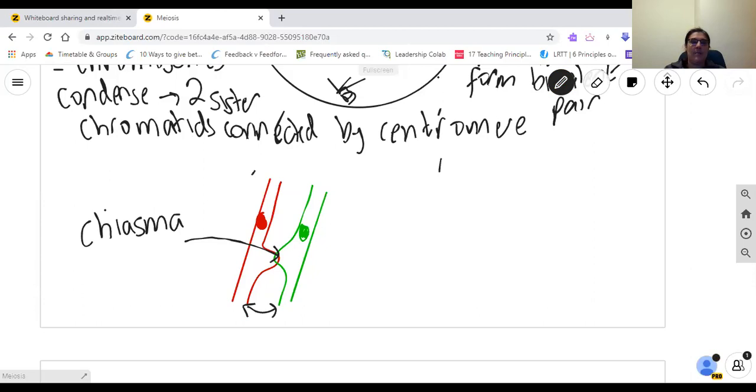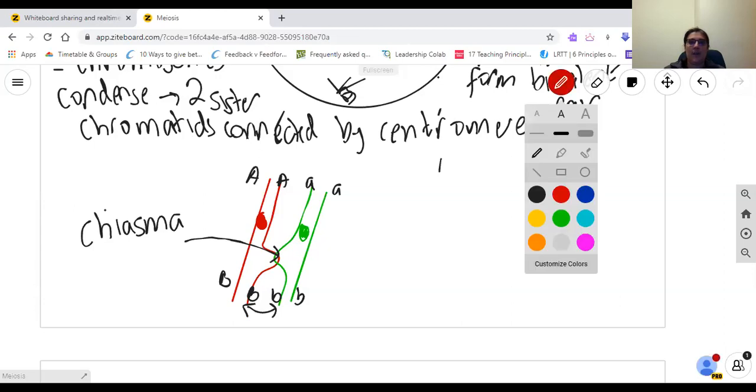So for example, it may be that originally this person was big A, small a, and big B, small b. And remember, these 2 green ones are identical copies of each other. And what's going to happen is these 2 are going to literally switch.